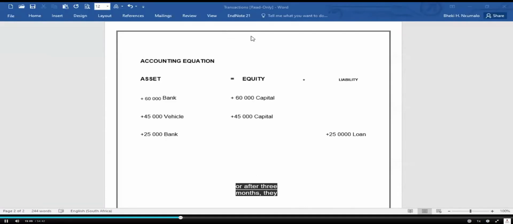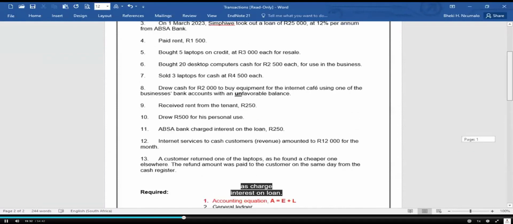Remember, a loan is a capital debt, a debt of 25,000. It goes together with interest. That is why, towards the end, let me go straight to transaction number 11. Absa Bank charges interest on the loan. In other words, that is calculated at 12%.